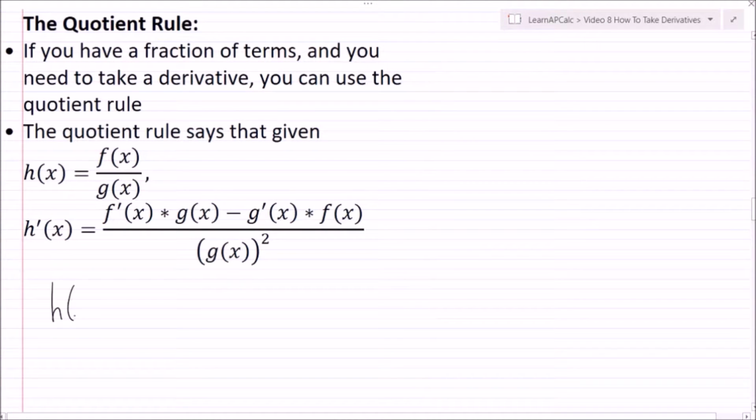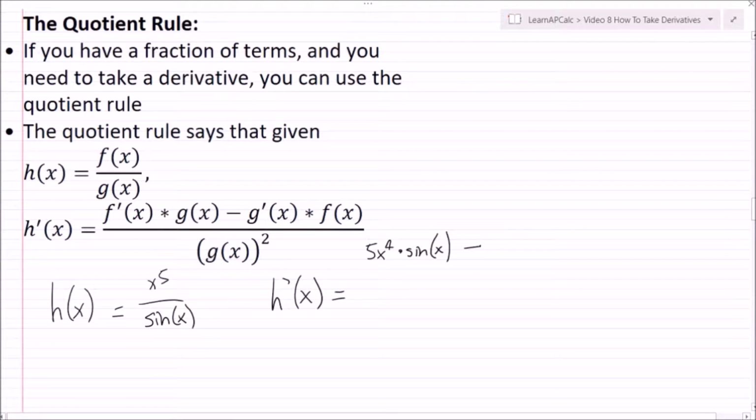So let's say that we had h of x equaling x to the 5th over sine of x, and I wanted to find h prime of x. Again, the derivative of the top, 5x to the fourth, times the bottom, sine of x, minus the derivative of the bottom.